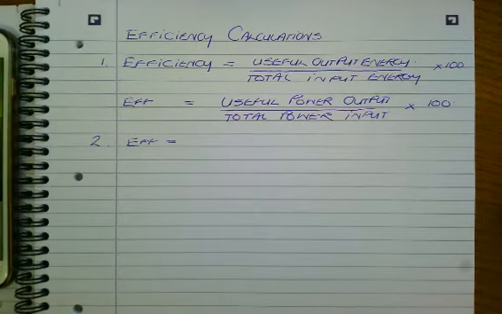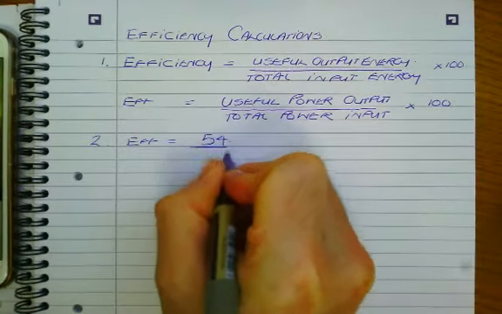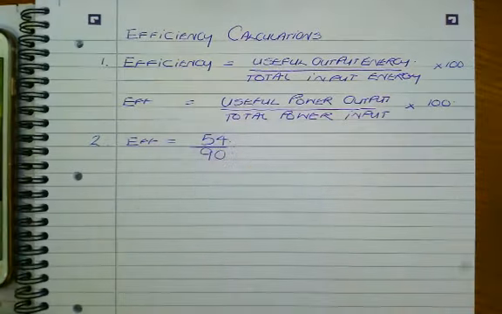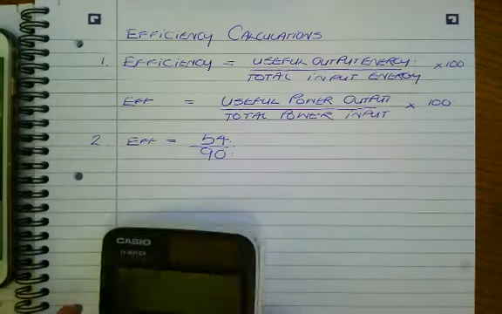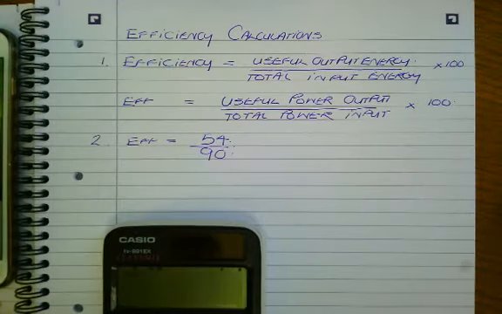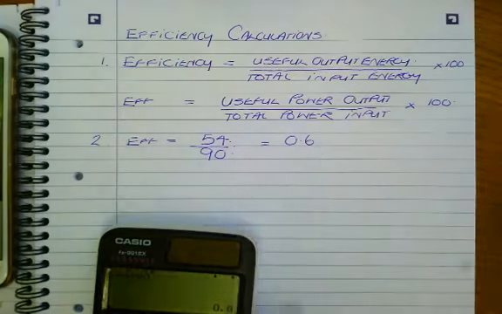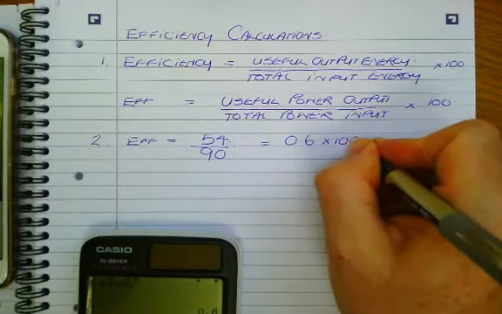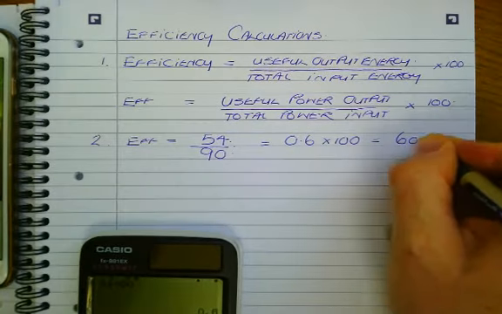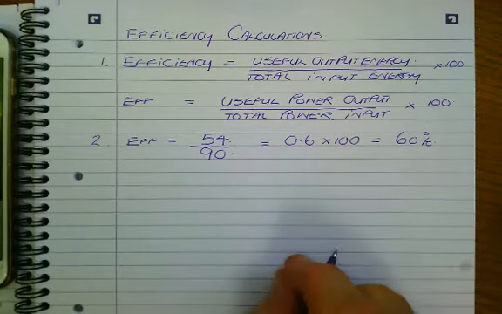The efficiency, we're saying, is 54 watts of useful output and there is an input of 90. So that is 0.6. That's the efficiency. Now I could convert that to a percentage. We should be at a 60% efficiency for that device.